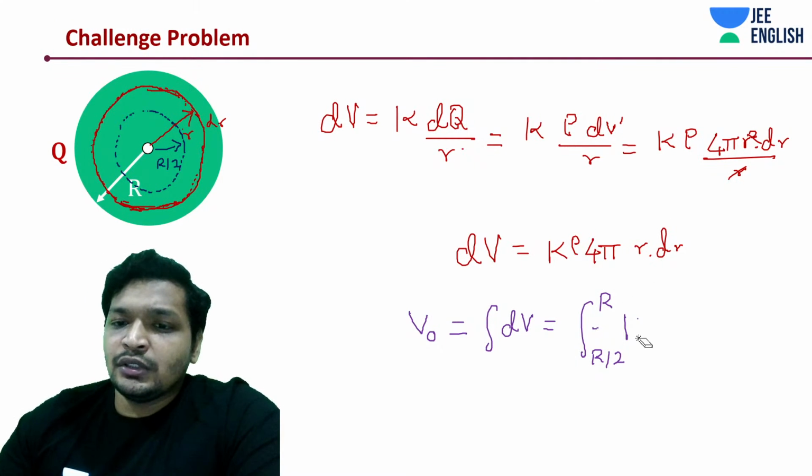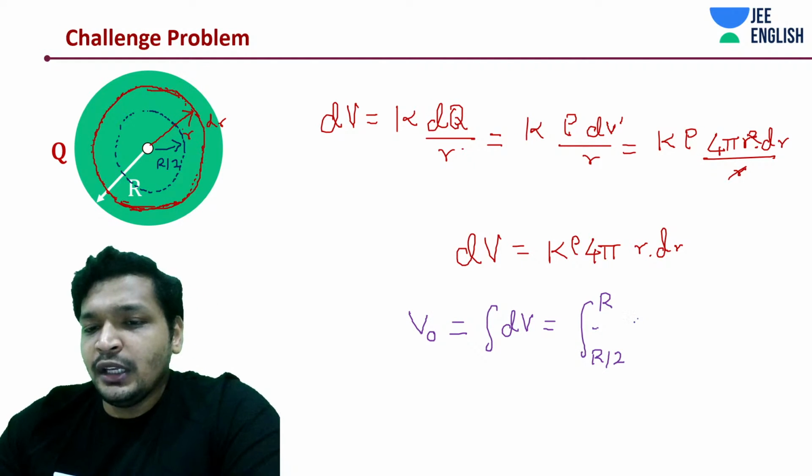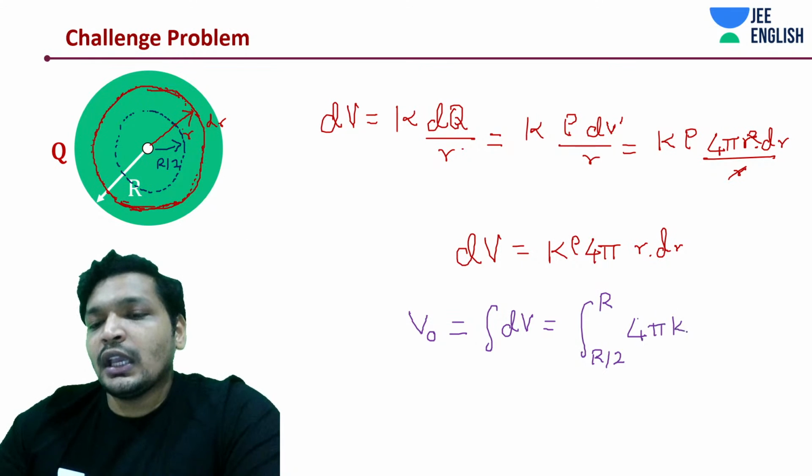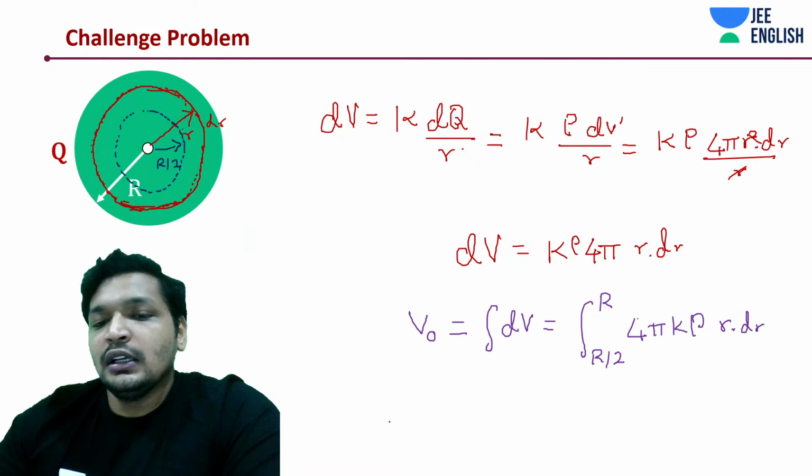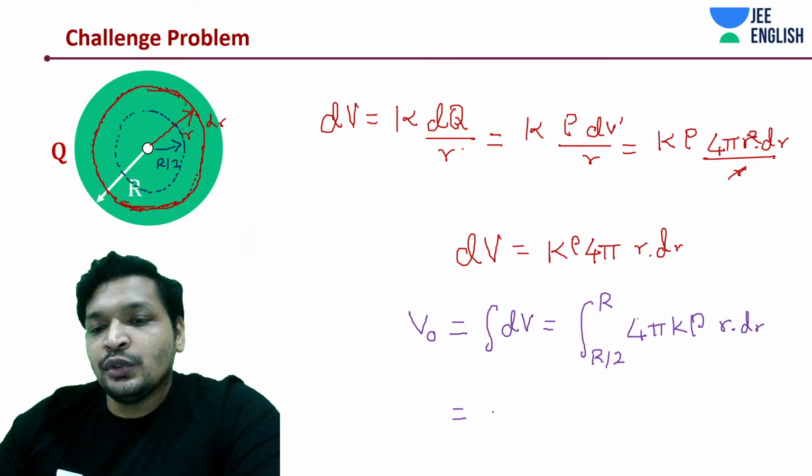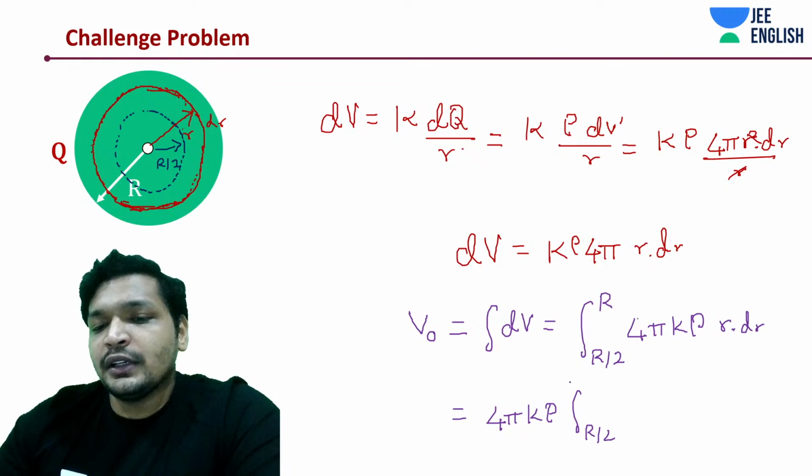The moment, so I'm going to correct it a little bit. So this should be 4 pi into k into rho into r dr. So this would be 4 pi into k into rho into the integration of r dr from r by 2.